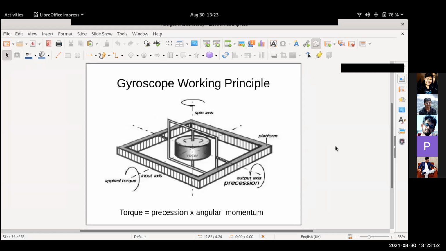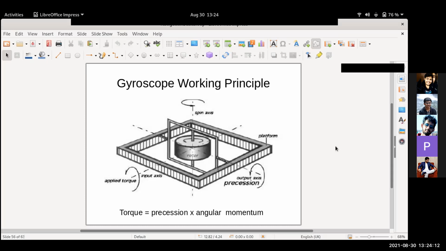So you can imagine the spacecraft fixed to the outer part. So if the outer part tries to rotate, then the inner one will rotate. So the measurement of how much the inner one has rotated will give you a feel of how much rotation has occurred in the outer part.